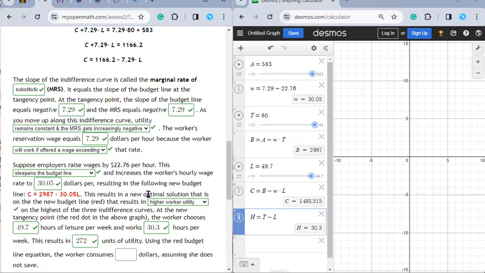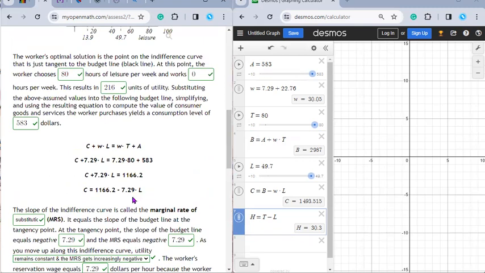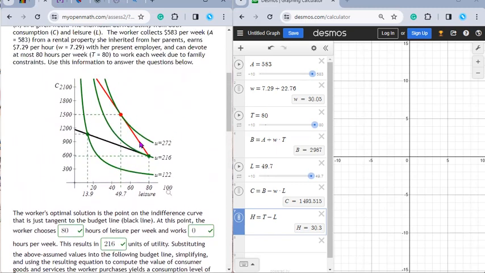And we're going to use the red consumption function, the new consumption function. The red consumption function is over here. This is 2987. This is $30.05. Leisure is 49.7. So I take 49.7 times a wage of 30.05, and then subtract that from this new intercept, 2987.